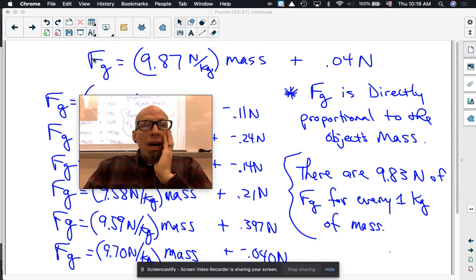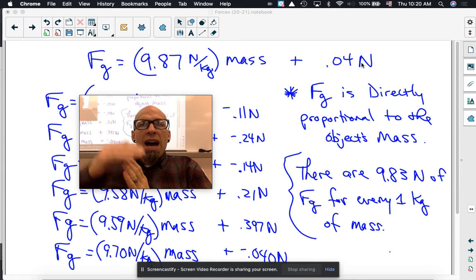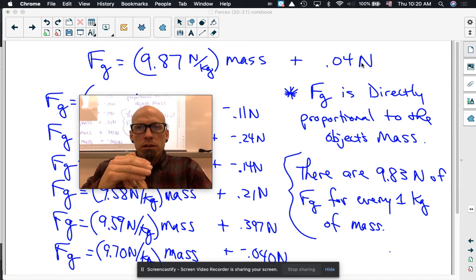So again, my y variable is force of gravity. My x variable is mass. My slope I found in my box. My y-intercept was the b in my box. And notice it has a unit of measure of newton. The y-intercept is on the y-axis, so that is a measure of newtons.